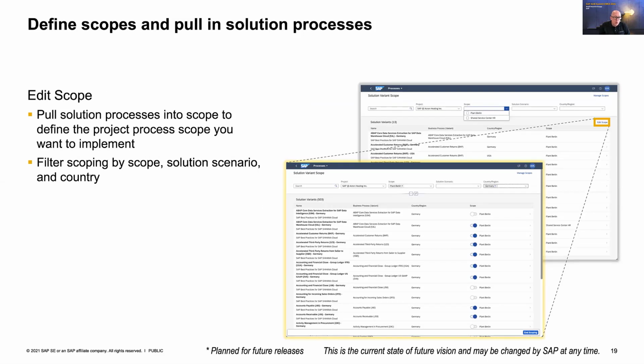Okay, so the scoping experience, this is quite simple and quite straightforward. If you define certain solution scenarios as in scope, then you can click on edit scope, and then you can just use the scope switch button to pull in processes into your process implementation scope. That's quite straightforward, I would say.